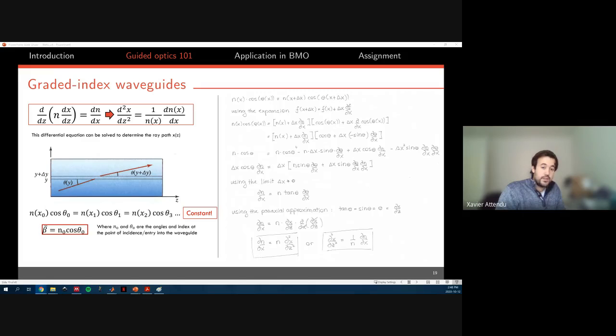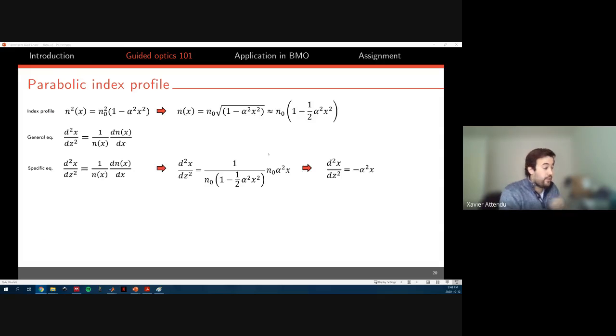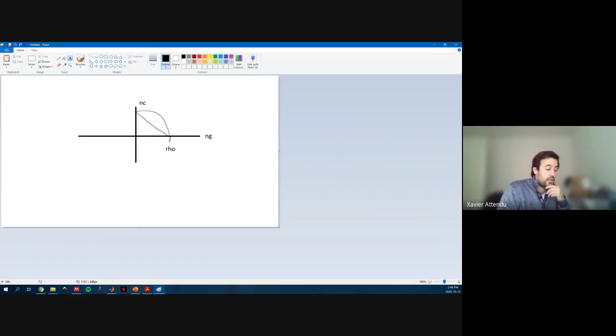Okay, so right now we were discussing the general case where it's any index profile, like my fantastic drawings. It can be a curved line, it can be a straight line, it could be any wobble.